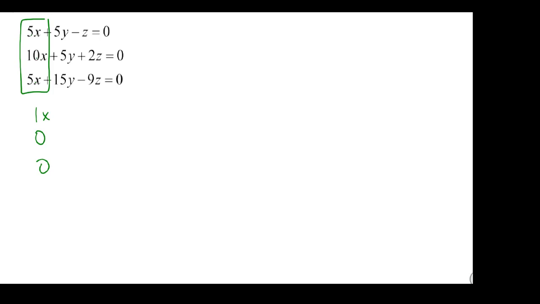So I'm going to go with it as it is. Therefore, in order to change this to a 1x, I need to divide that entire row by 5. So dividing by 5 gives me 1x plus 1y minus z divided by 5 is equal to 0.